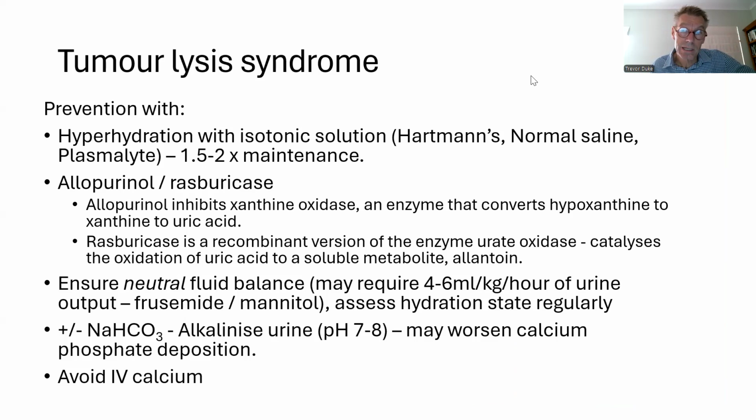They'll almost certainly get tumor lysis, and our job is to protect them from getting tumor lysis syndrome, that is, the consequences of the tumor lysis that you hope and expect will happen when you give chemotherapy.